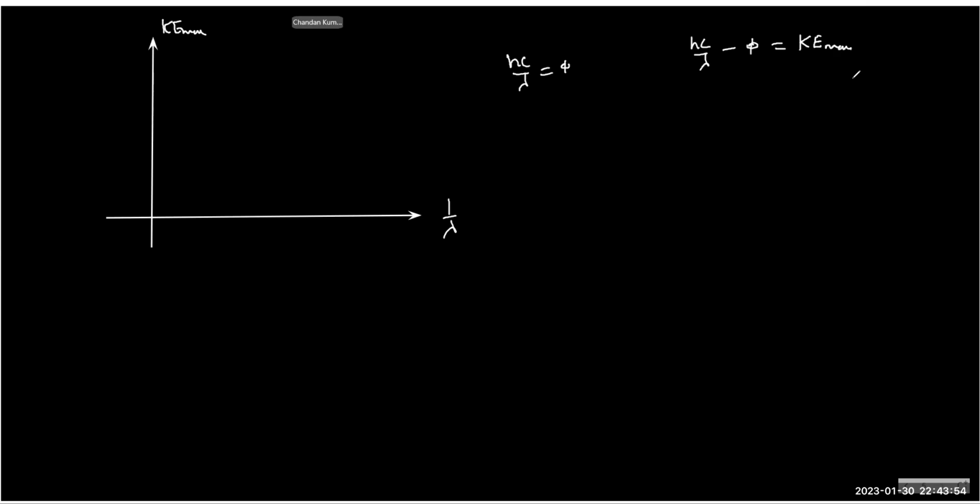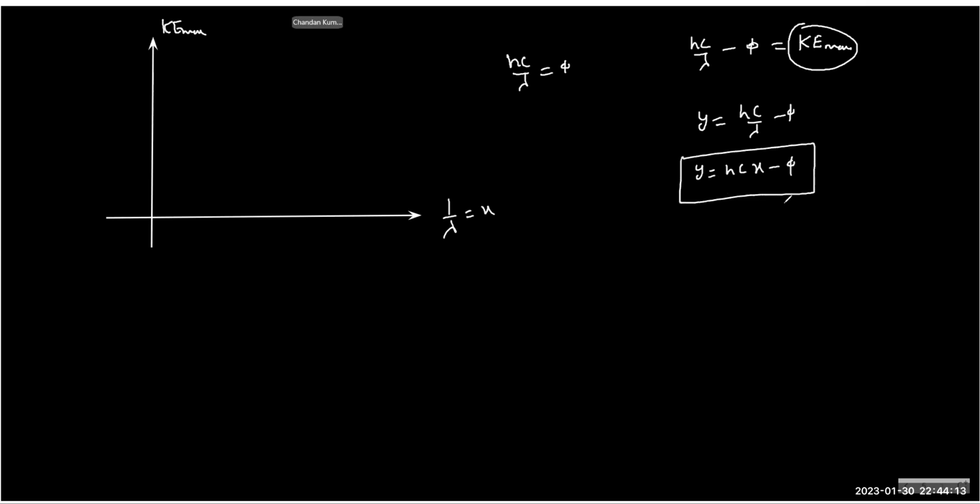So HC by lambda, now we are supposed to plot y versus x. Y is this much itself, so this is y. But 1 by lambda is x. So it would be a straight line. So it must be a straight line with negative intercept and positive slope, right? So it is something like this.